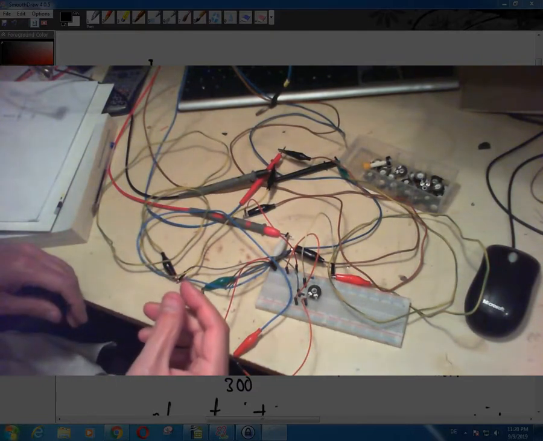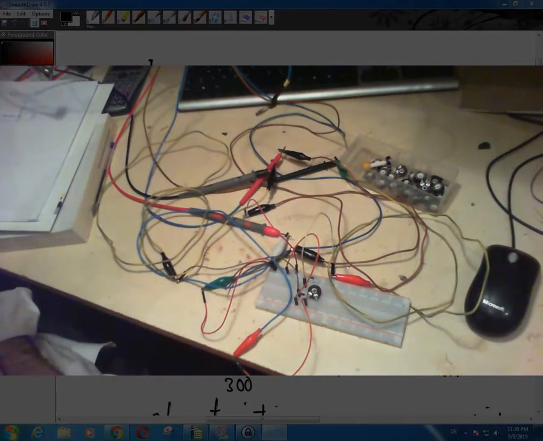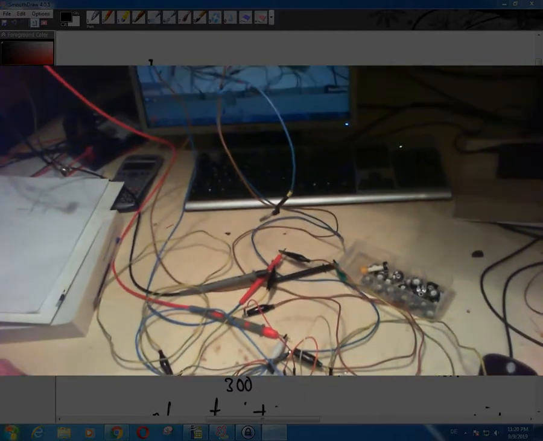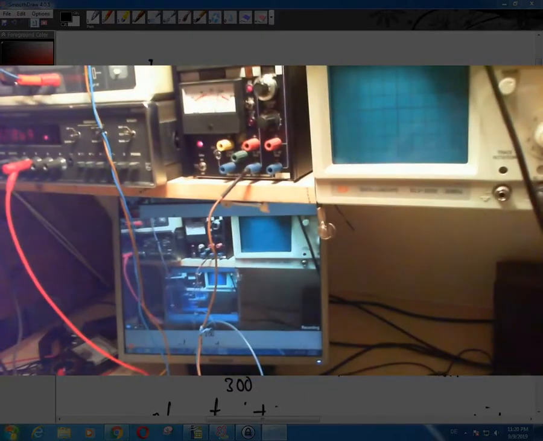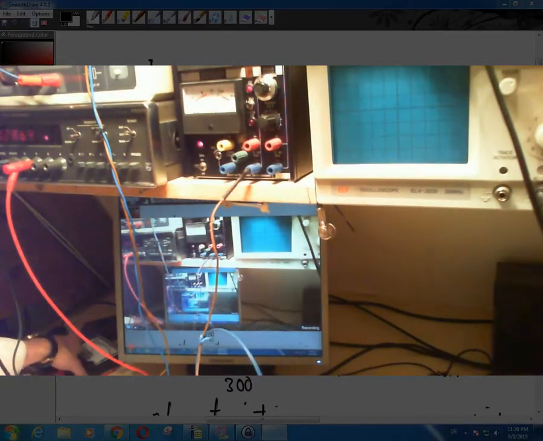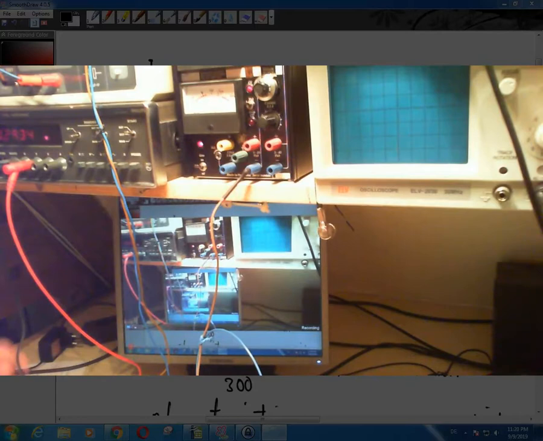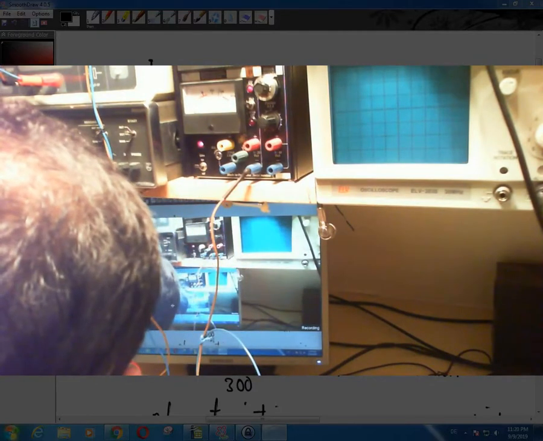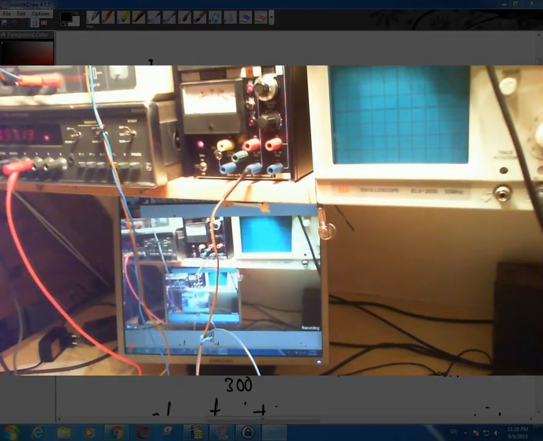What I'm going to do is connect the power supply. So this is the power supply, and I have set this resistor down here to around 50 kilo ohms.